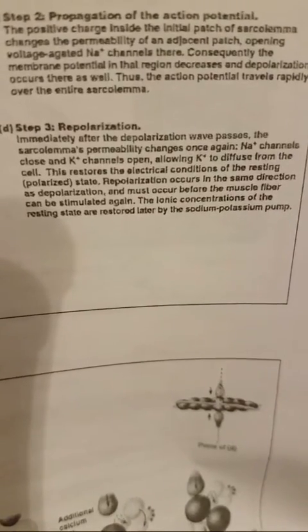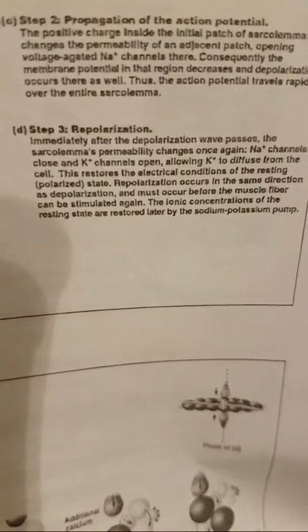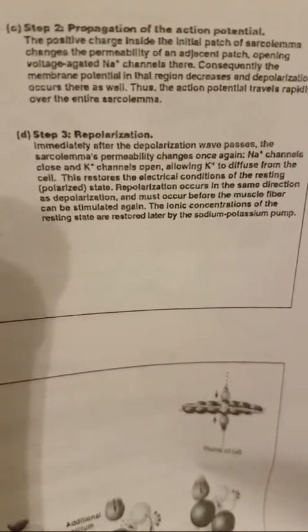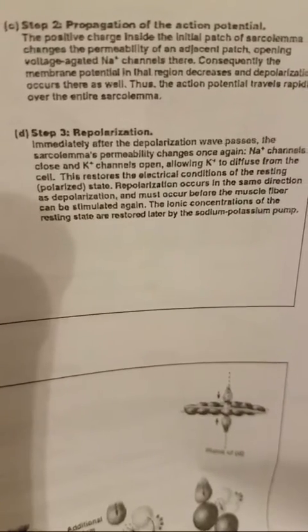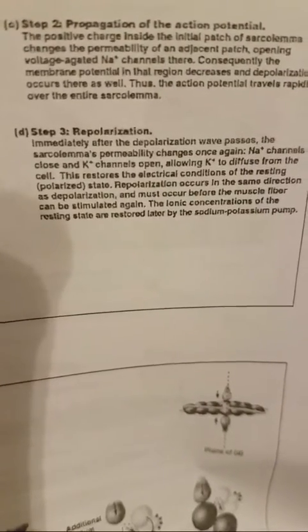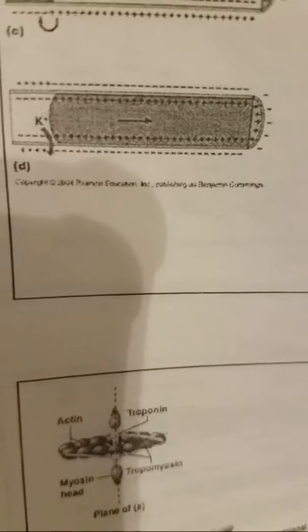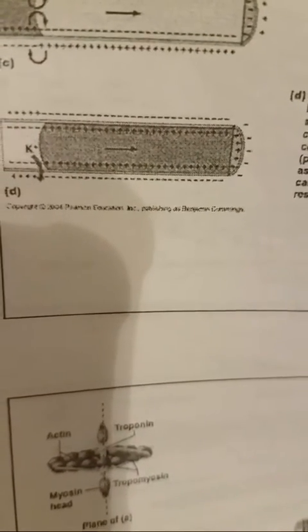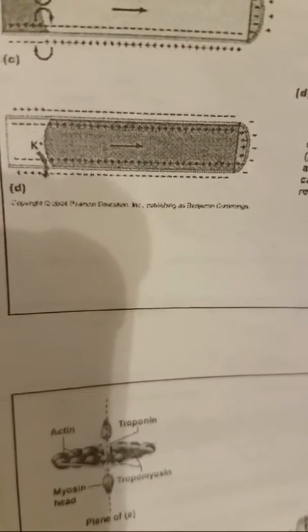Repolarization occurs in the same direction as depolarization and must occur before the muscle fiber can be stimulated again. The ionic concentrations of the resting state are restored later by the sodium-potassium pump. So there's the potassium going out, the positive ions going out, and the negative ions going in.